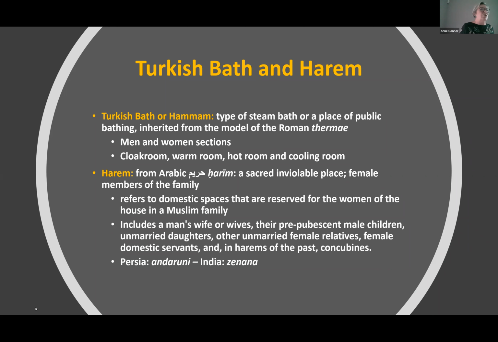So it's not at all what we see, a series of naked women that go there watched by the Sultan, who's going to make his choice for the coming night. But it was in fact a very lively place, just with kids running everywhere, and where women would be, in quotes, protected.